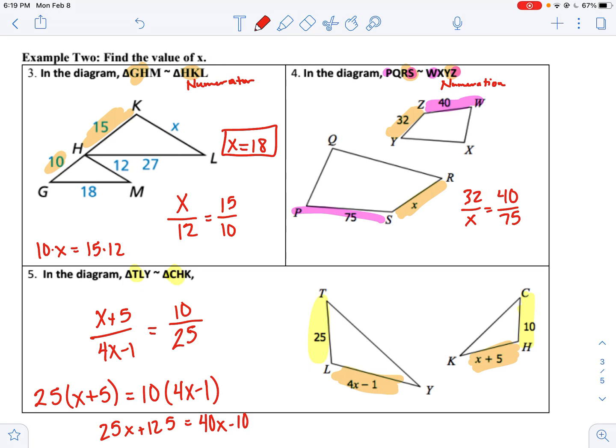So that's 15x equals 135. Is that 9? X is 9. There it is. It's 9. So x is 9. And that is how you would solve proportions to find the missing value in similar figures.